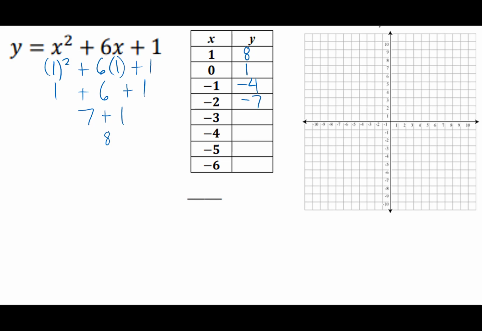Doing -3, plug in -3 for x. All right, plugging in -4, I get -7. Plugging in -5, I get -4. Plugging in -6, I get 1. All right, so I'm going to plot these points.